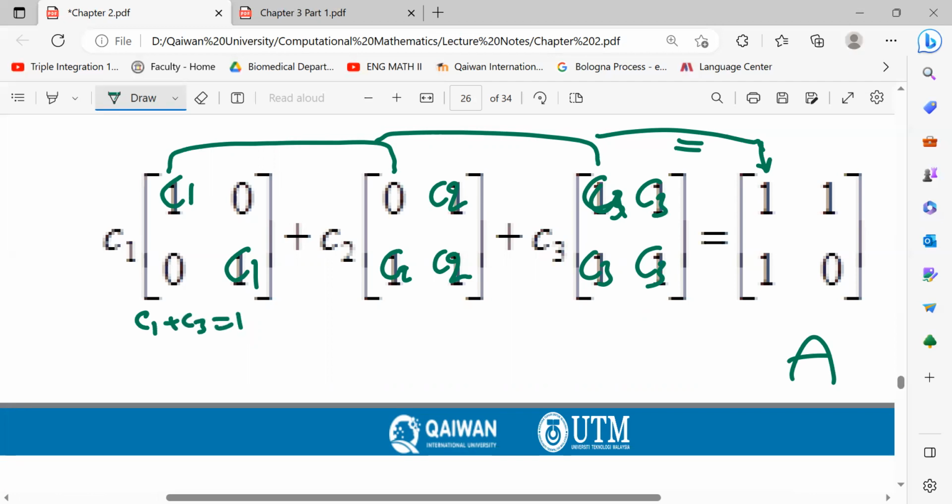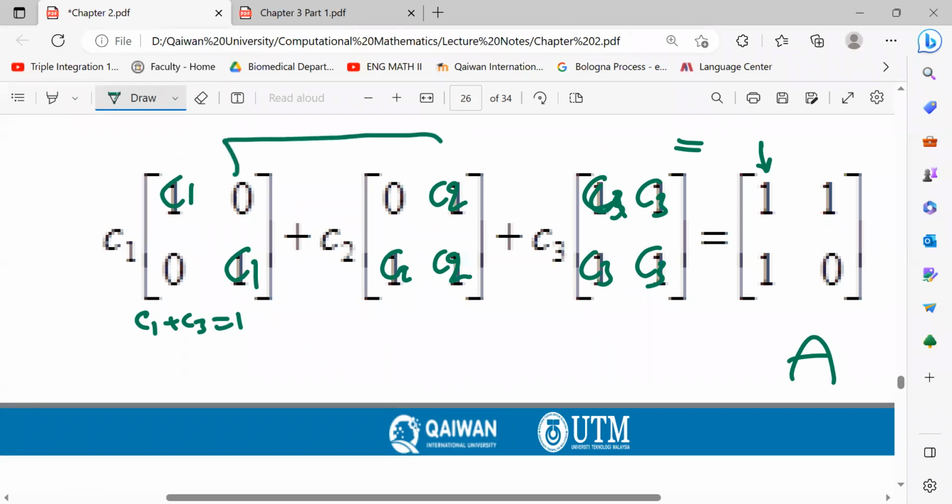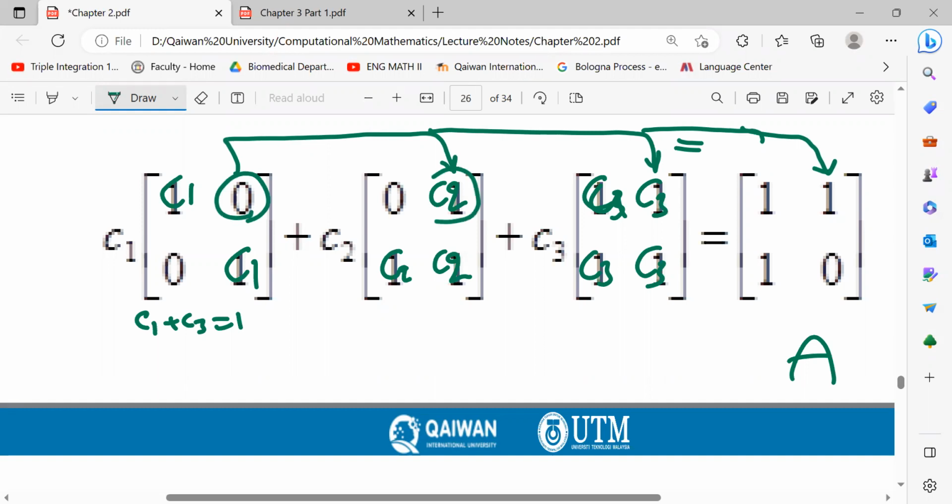Then, here, we say this plus this plus this is equal to this. 0 plus C2 plus C3. So C2 plus C3 is equal to what? 1.